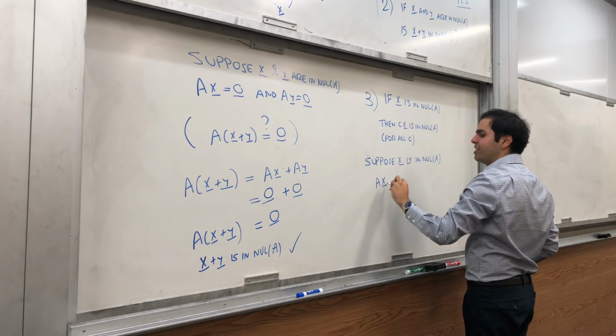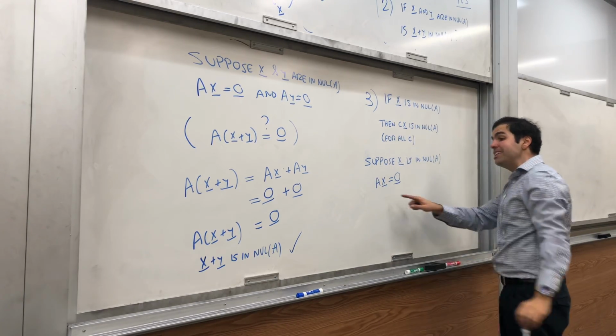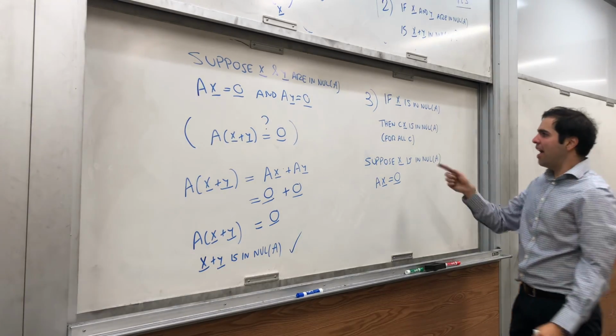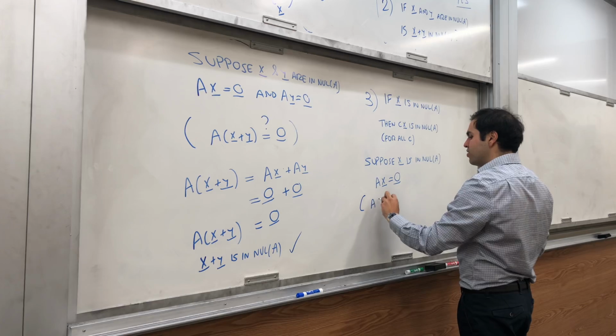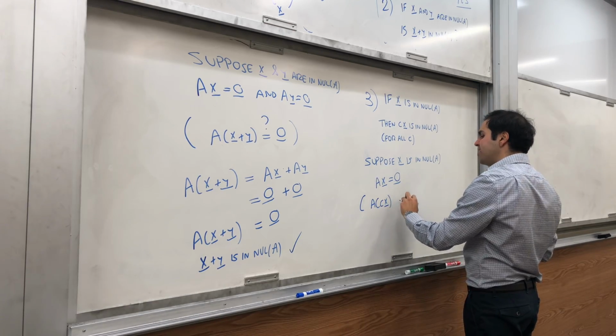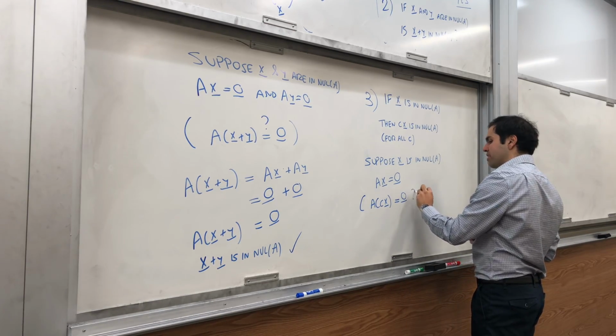That means Ax equals 0, and we need to show that Cx is in null of A. So the question is, does A of Cx equal 0?